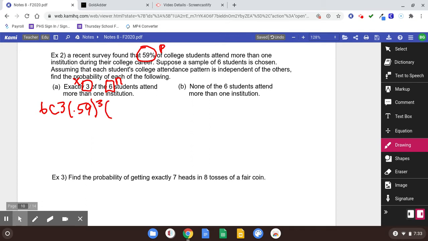And then 1 minus 0.59, you've got the probability of failure. Notice this has to add up to 100%. That's going to be 0.41. And if 3 of the 6 students do it, then that means 3 of the students do not do it. Notice that these 2 exponents have to add up to 6. They have to add up to that big number in the front.